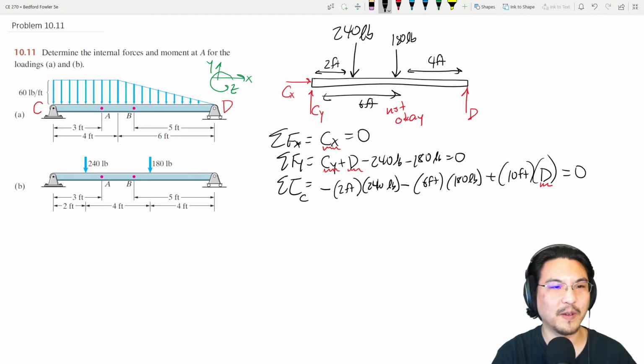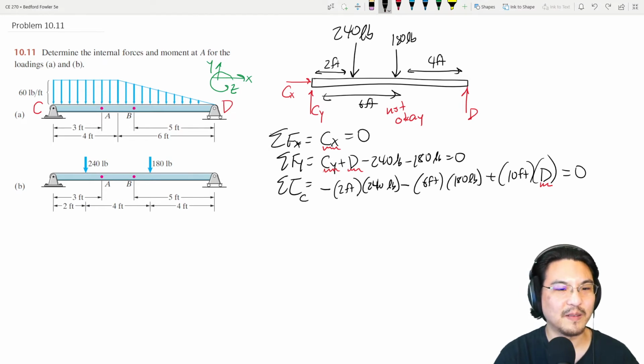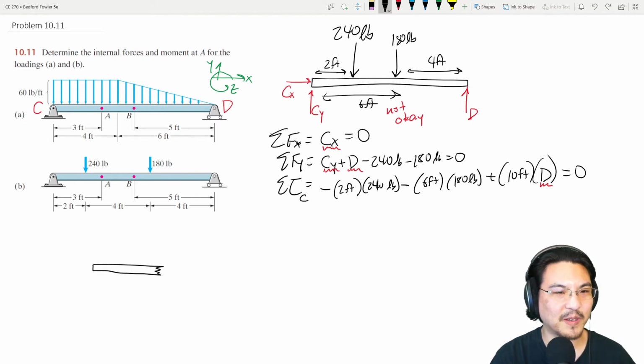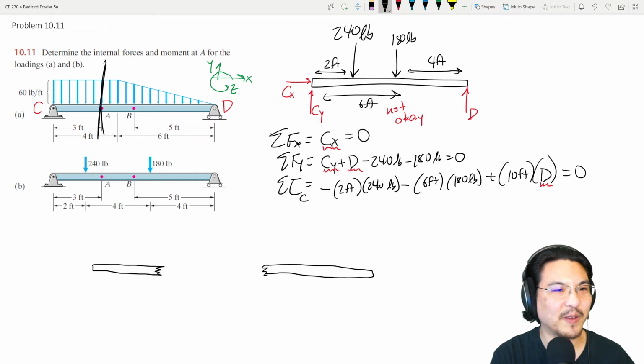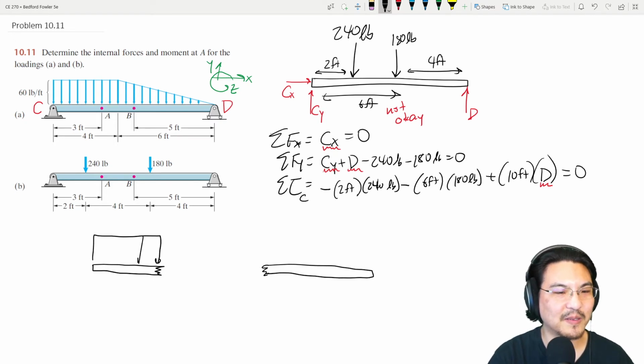So if I cut right through here, then it looks kind of like there's that section over here and then over here. And then let me draw all the other stuff. So right? If I cut it right here, there's going to be a distributed load like this.